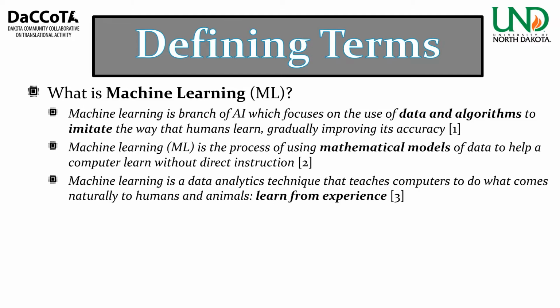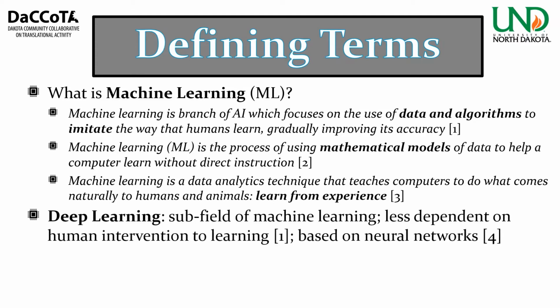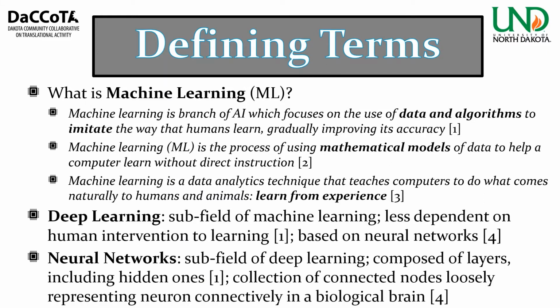So before moving on to more terms, I also want to discuss two related concepts, deep learning and neural networks. The first, deep learning, is a subfield of machine learning. It's less dependent on human intervention to learn, and it's based on neural networks. Neural networks, in turn, are a subfield composed of layers, hidden and not, that are essentially a collection of loosely connected nodes that represent neuron connectivity.